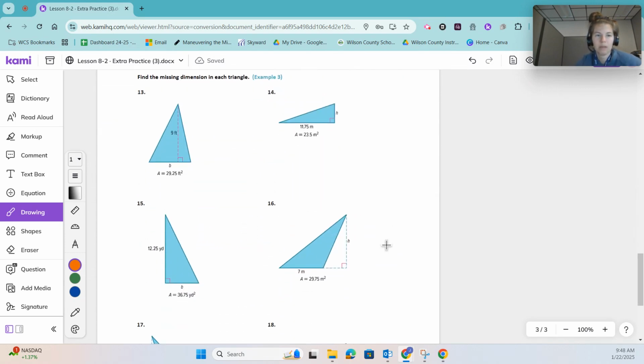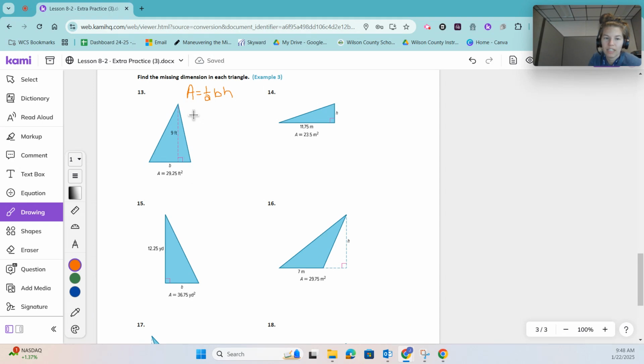Last type of problem we're going to take a look at is finding a missing dimension. So we are using the same formula. 1/2 base times height is your area. We are substituting the numbers they give you for the variables they represent.